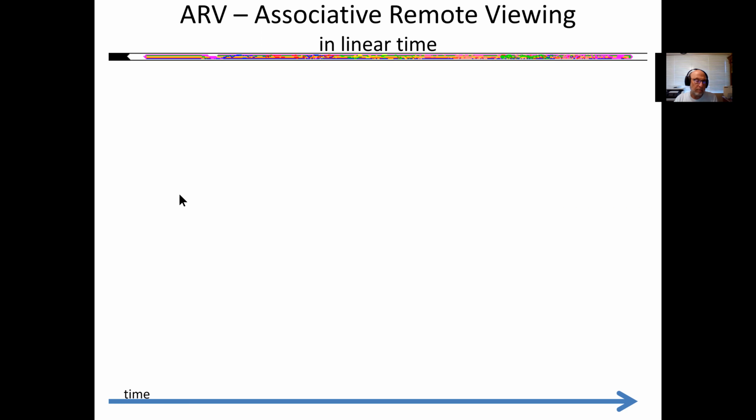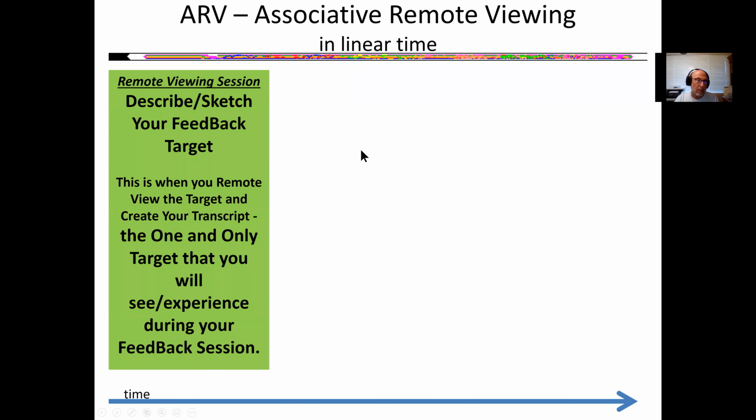In linear time, that basically starts with what really is a remote viewing session. Now, for ARV, you may not want to do a 30-page remote viewing session. Generally, they're 1 or 2, sometimes 3 pages, but they are true remote viewing sessions where the tasking is to describe and sketch your feedback target.